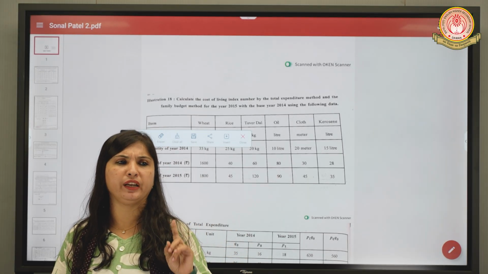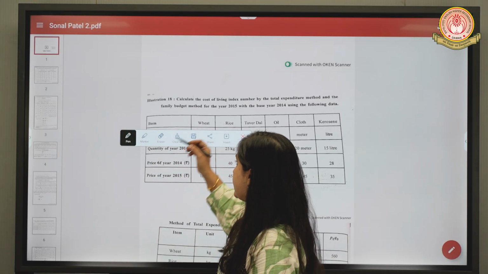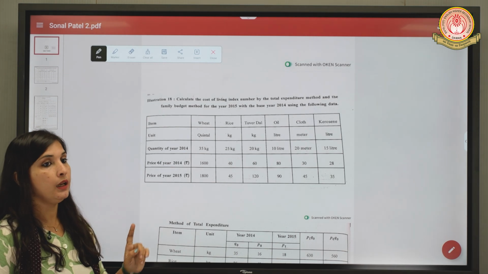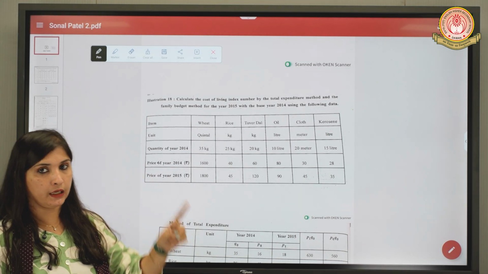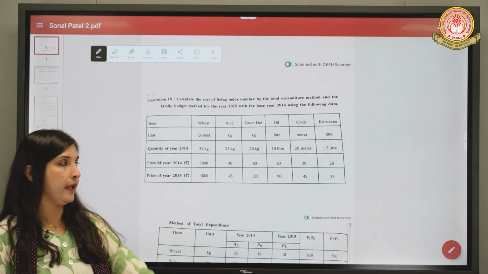This is a very important and basic step you have to follow when the unit column is given separately.